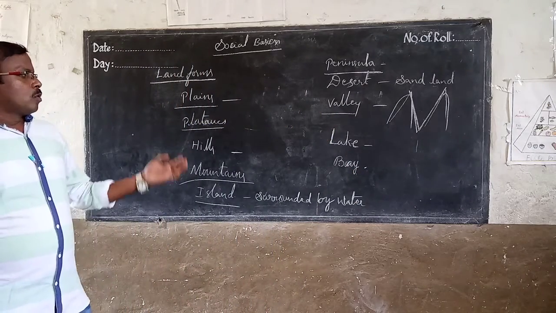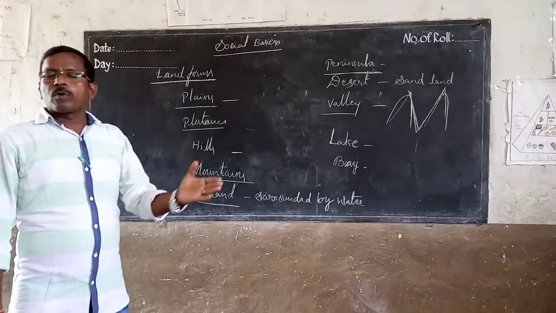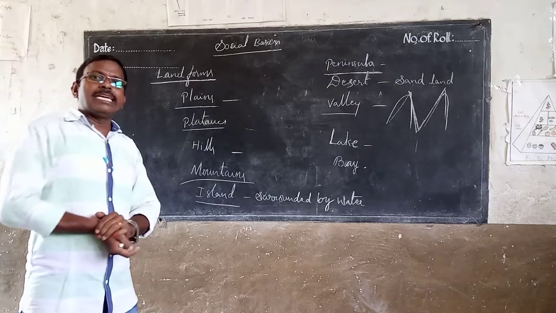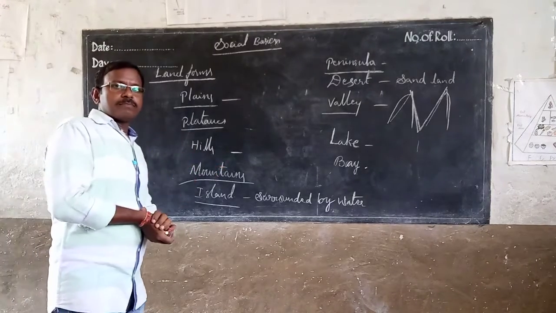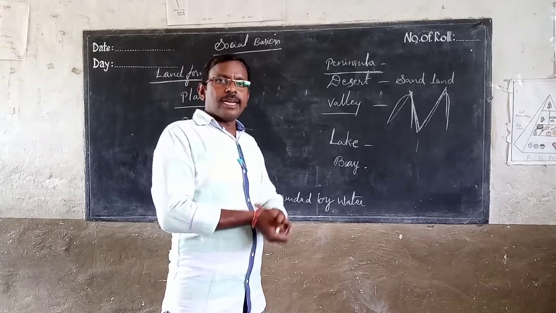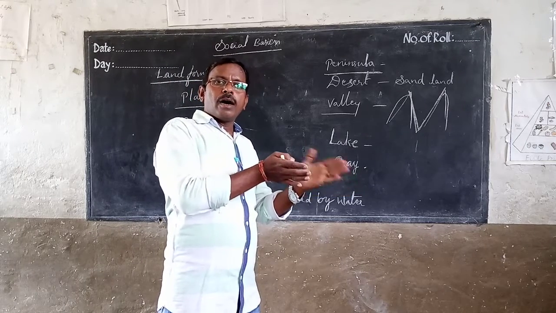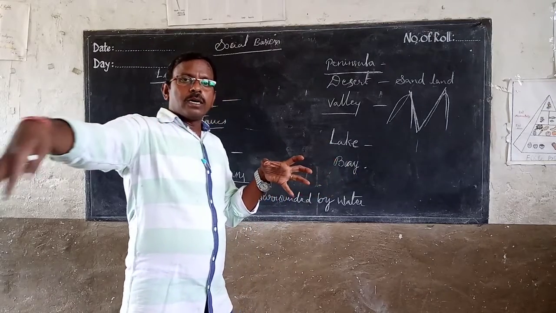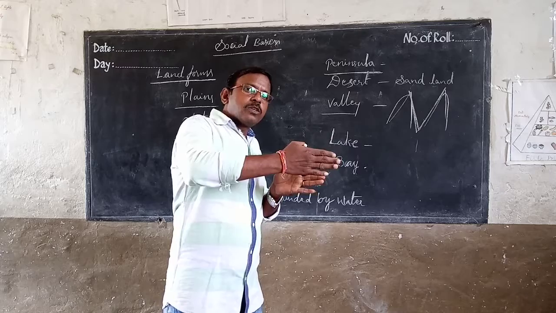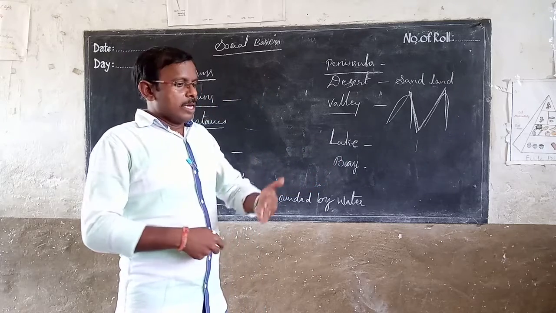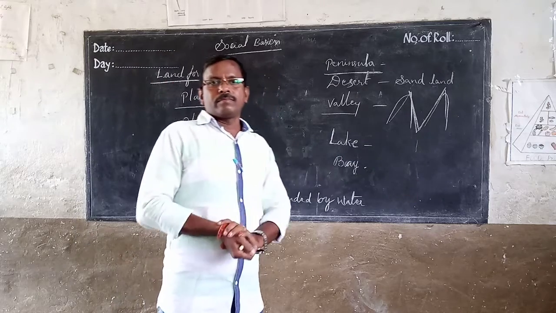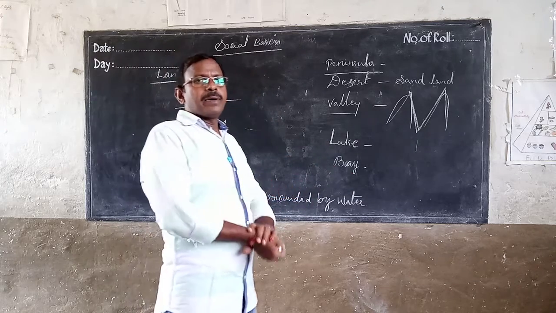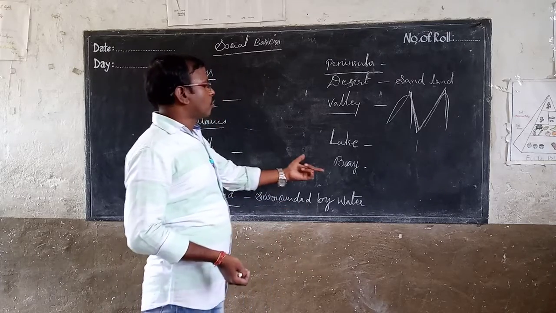A bay is an inlet of water into the land, by the sea or by the ocean. The inlet of water covered some of the land, or the land went into the water and is covered by the sea or ocean. That is known as a bay.